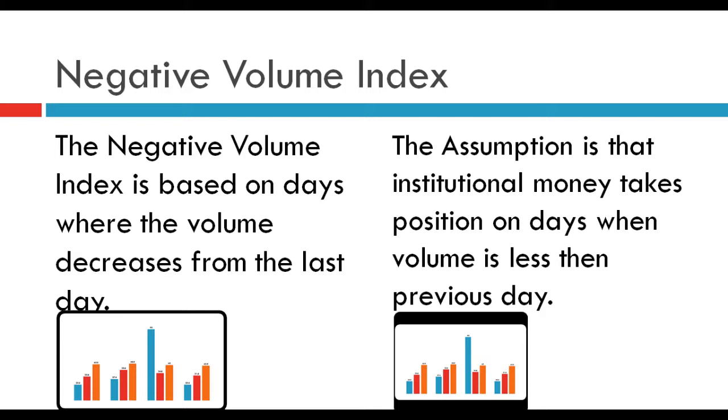Now when the price is dropping, the retail investor will automatically become sidelined, and the institutional investor will start to come in. And they will start to average their rate till a certain point, and then the price moves up. So this assumption of negative volume index is really important.